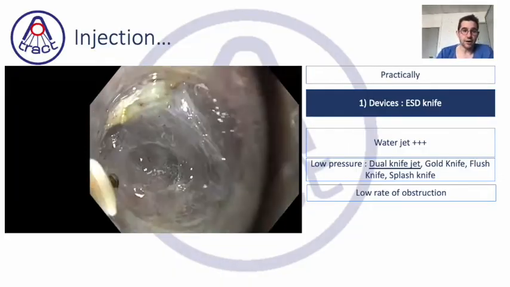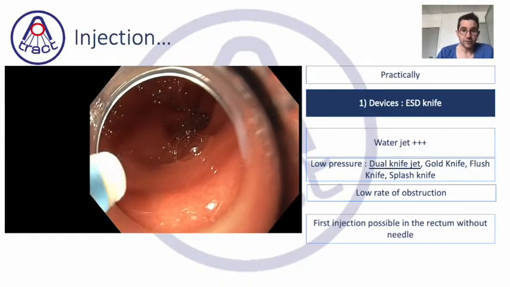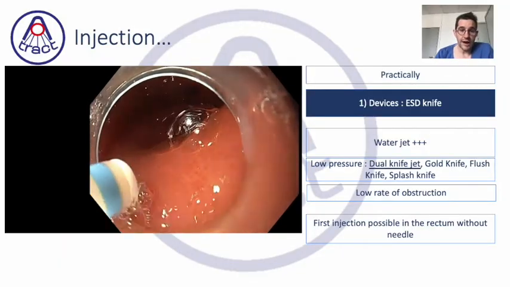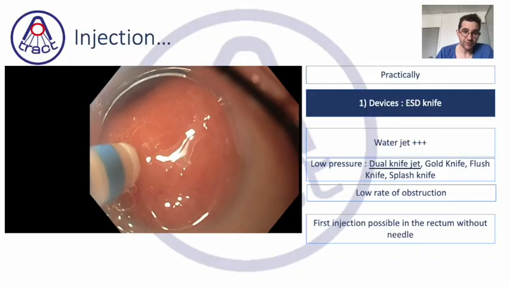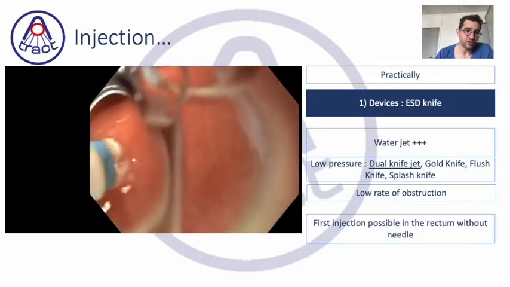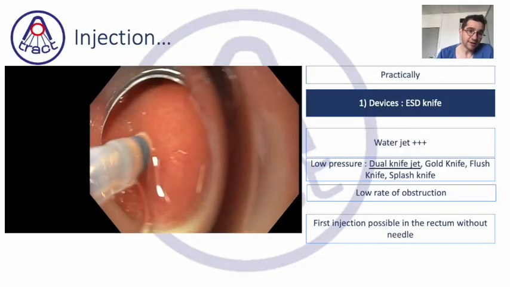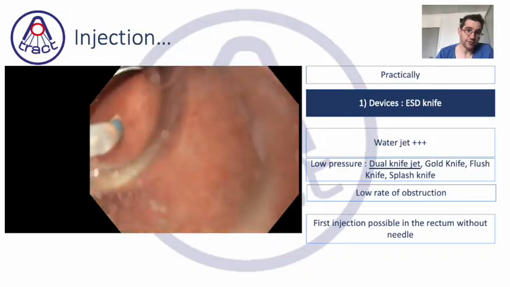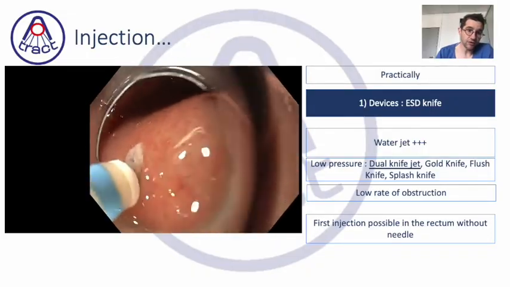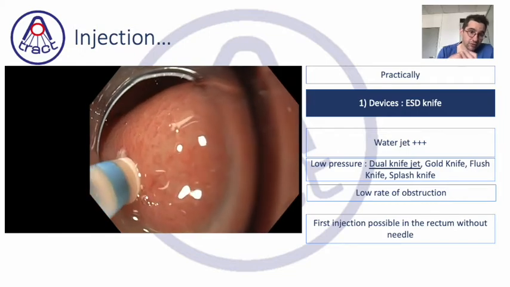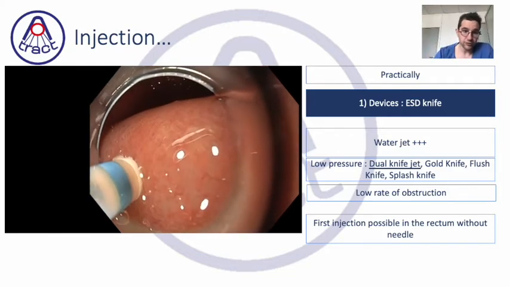And you also have knives with high pressure, like the hybrid knife, which is a high pressure injection. And in some areas, like here in the stomach, it is possible to do the first injection from the beginning with the knife itself by making a small hole through the mucosa.